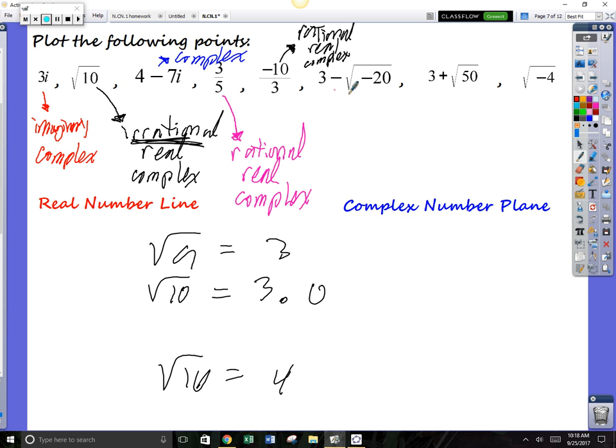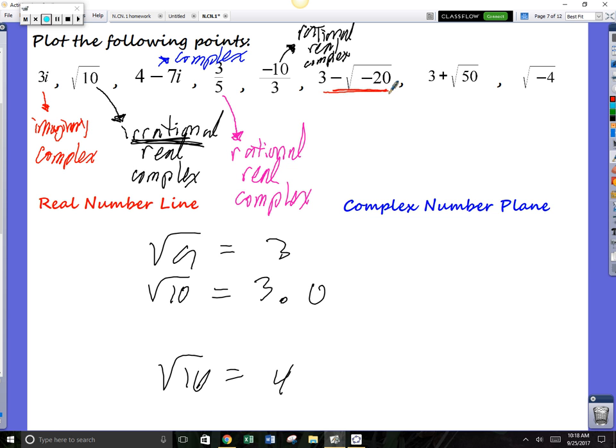Okay, this guy right here, type it in on your calculator. Everybody do 3 minus square root of negative 20. Dylan, what kind of number is this? We just plugged in 3 minus the square root of a negative 20. If you got to guess what this is, what is it?